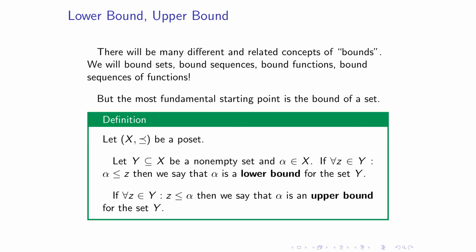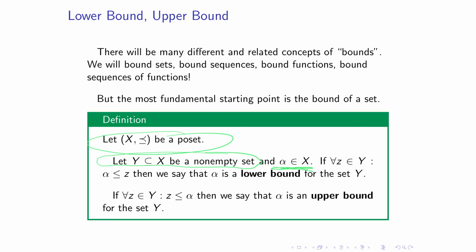So let's start there. Let's suppose that we have some poset x that is ordered by preseq, and then let's suppose that we have some non-empty subset of x, which we're going to call y, and then we also have this element alpha in x.